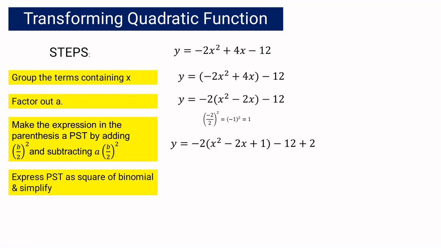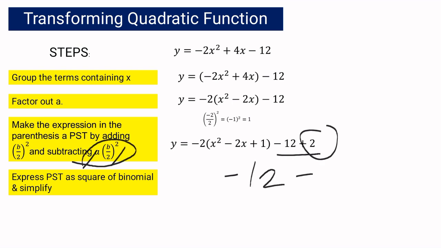Yes, then we have negative 12 plus 2. Where did we get plus 2 here? Take note, you need to subtract the value of a multiplied by the square of half of b. So from negative 12, you are going to subtract what is our b over 2 squared. Our answer is 1. Here is our 1. What you are going to do is multiply it by the value of a.